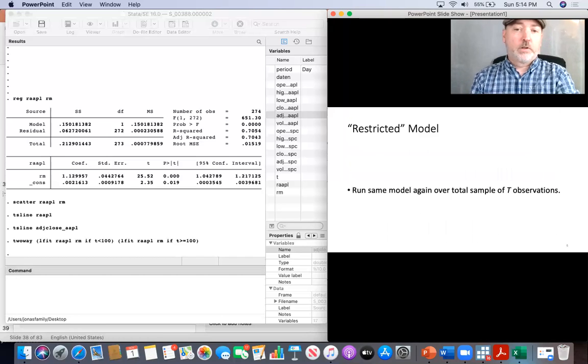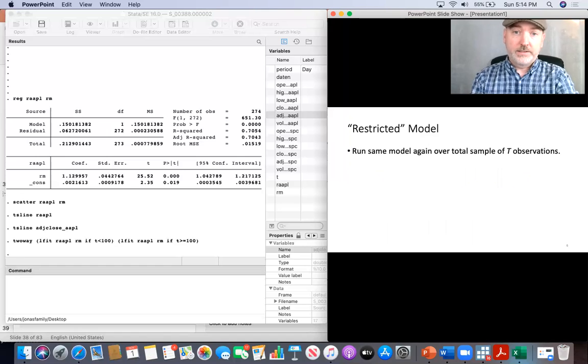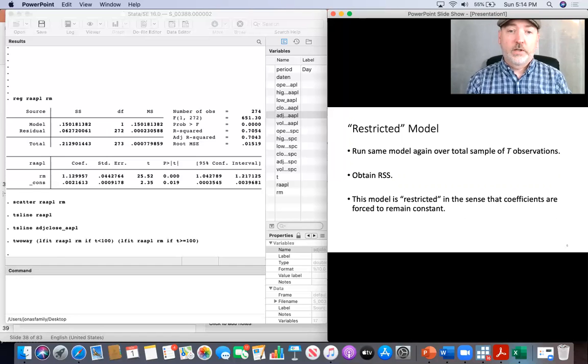Okay. So playing the role of the restricted model then is the model with only a single intercept and slope, no flexibility, no break is allowed, that's the full sample. So over the full T observations is going to be estimated.